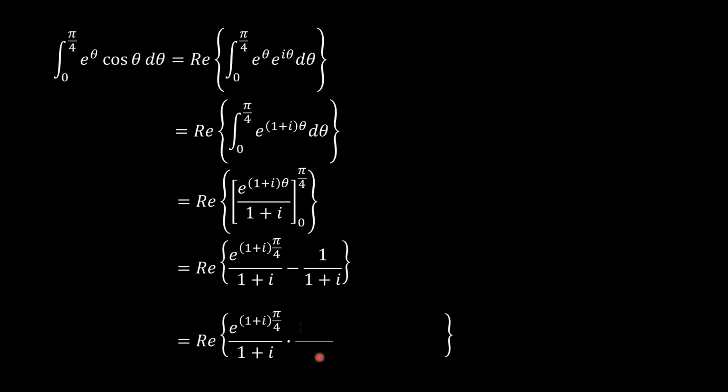And so we can decide to rationalize the denominator, and we multiply by 1 minus I, both the numerator and denominator, as we have shown here.